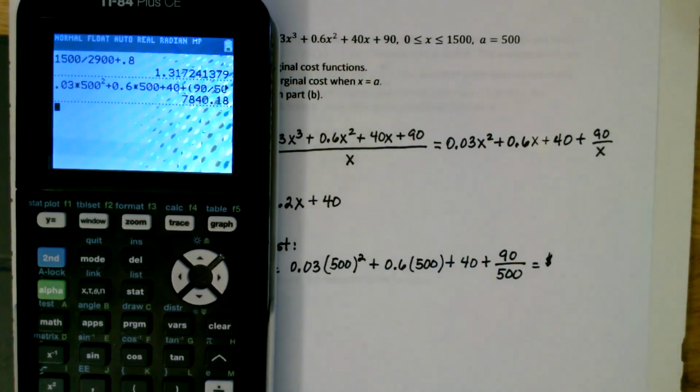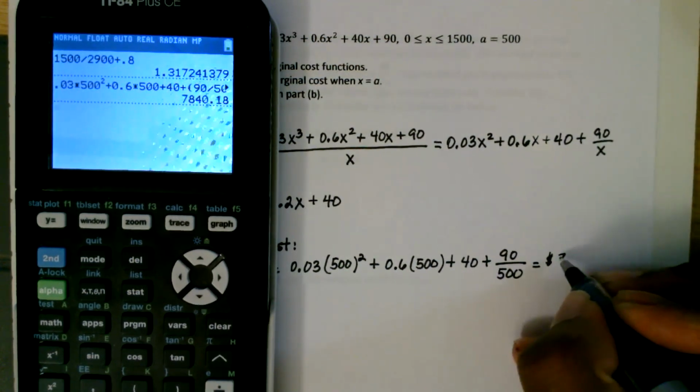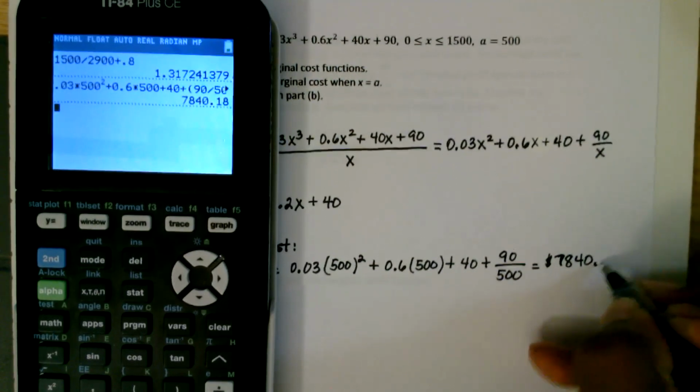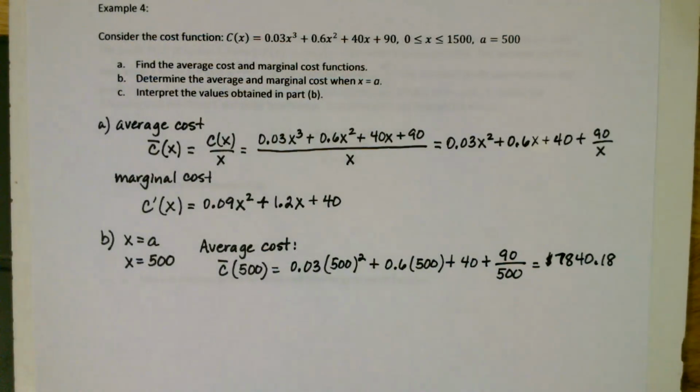And this will be my answer to 2 decimal places: $7,840.18. That would be the average cost for producing 500 items.